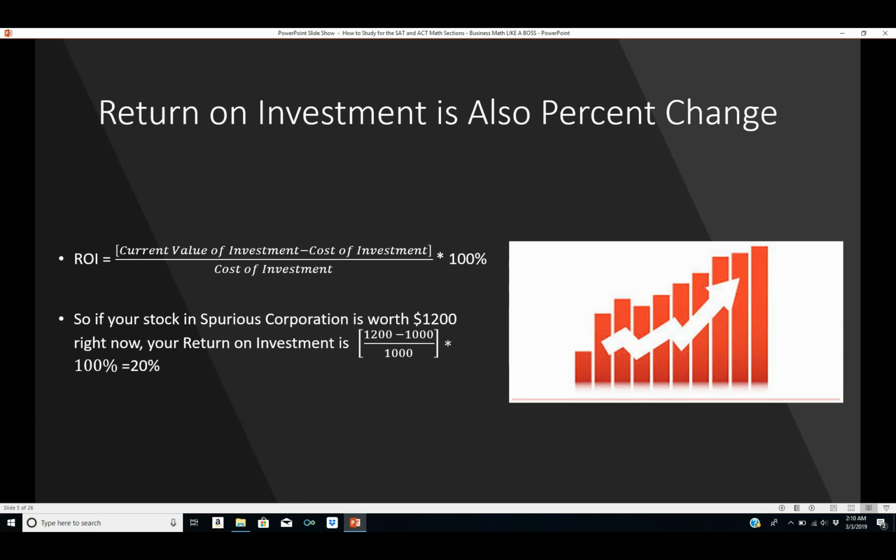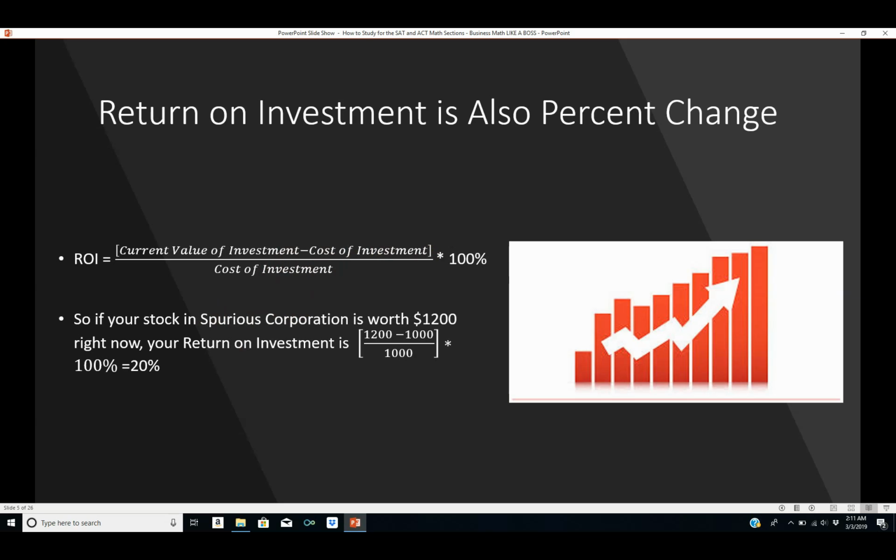Return on investment is going to be the current value of whatever investment you have minus what the investment cost you over the cost of investment times 100%. So if your stock in Spurious Corporation is worth $1,200 right now, your return on investment would be $1,200 minus the $1,000 that you spent on it over $1,000 times 100%, which is 20%.